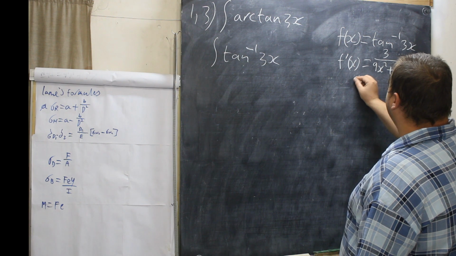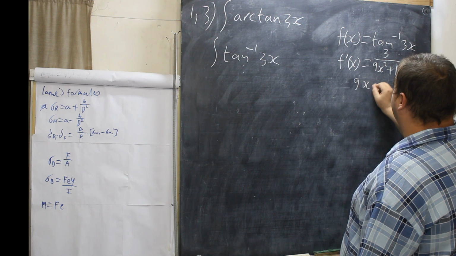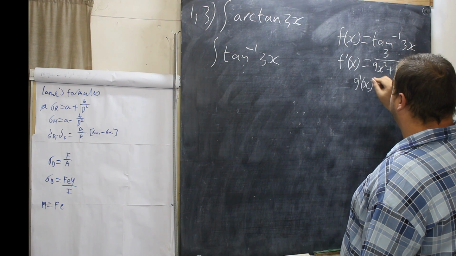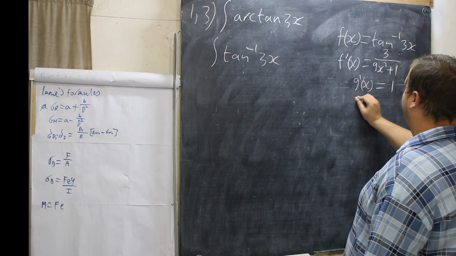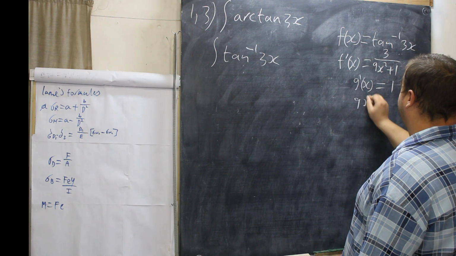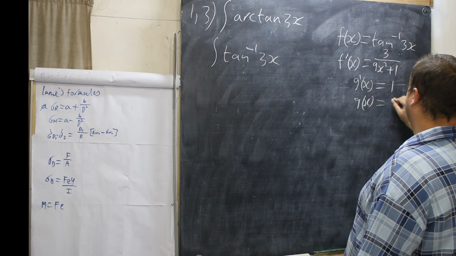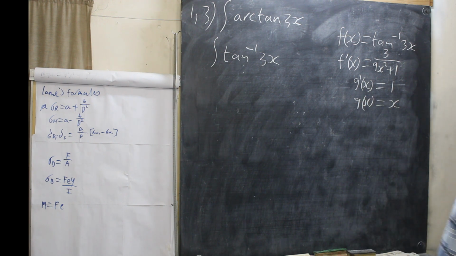Now, the derivative of g of x is 1, and g of x is equal to x.